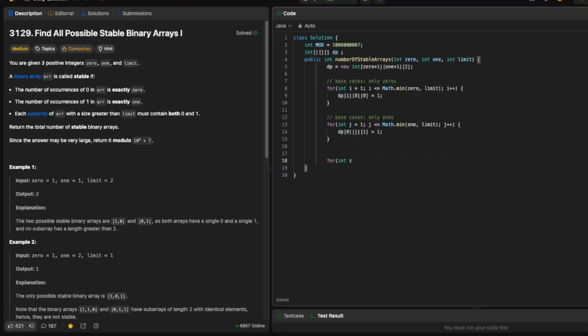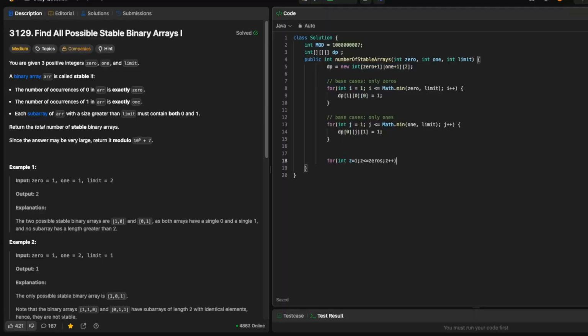So here our z is going to start from 1, and z is going to be less than or equal to zeros. Why? Because here, if you see, we are using one-based indexing. And z plus plus.